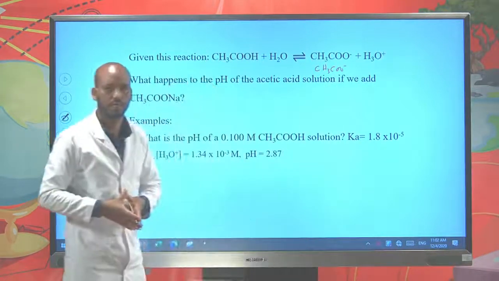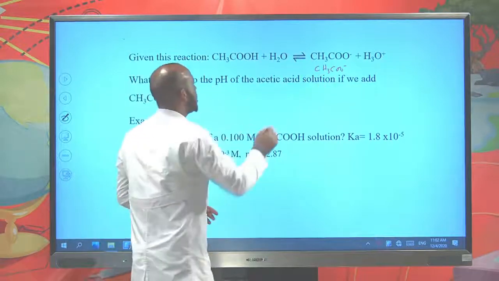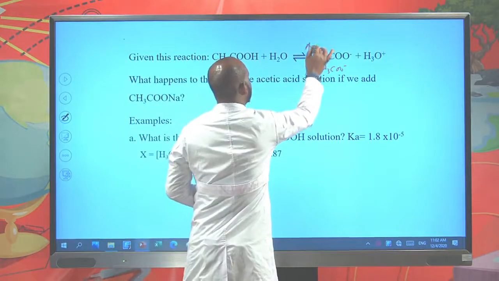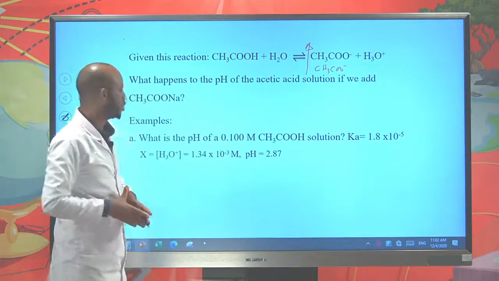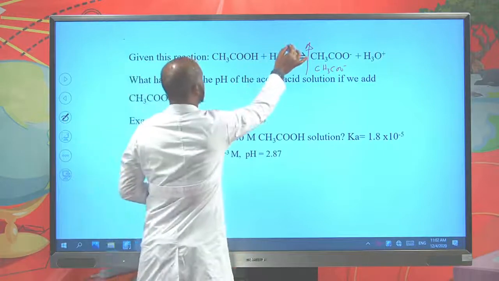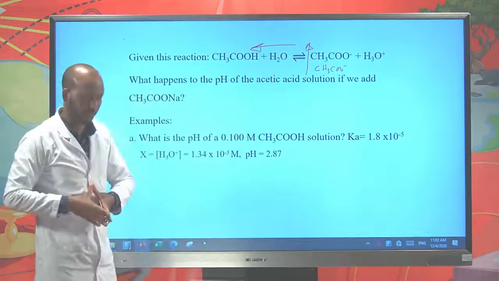Now the concentration of acetate on the product side increases. The equilibrium shifts to the reactant side as predicted by Le Chatelier's principle.